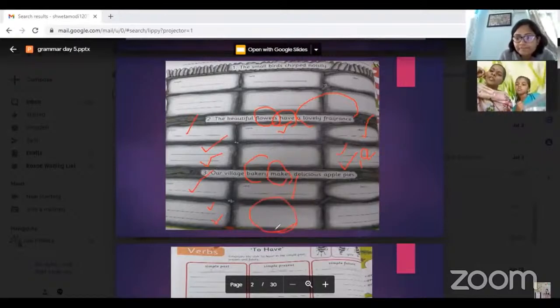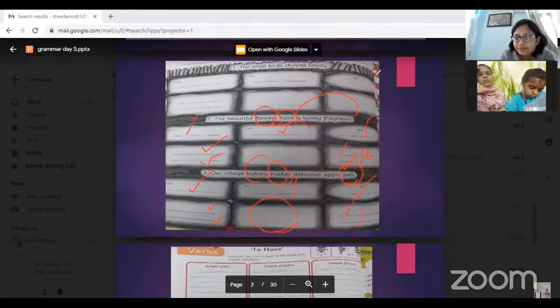Because we have only one verb. No helping verb. We do not have any adverb here. Yes. Okay. Now, what will come here? Apple pie. Why do we have two lines here? For delicious apple.